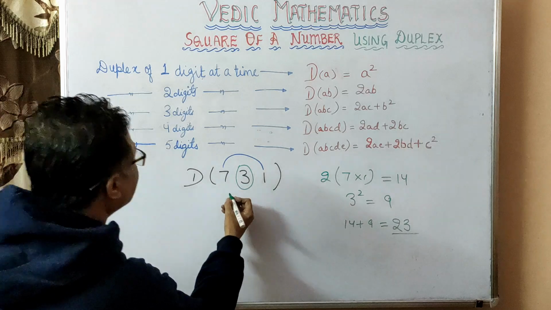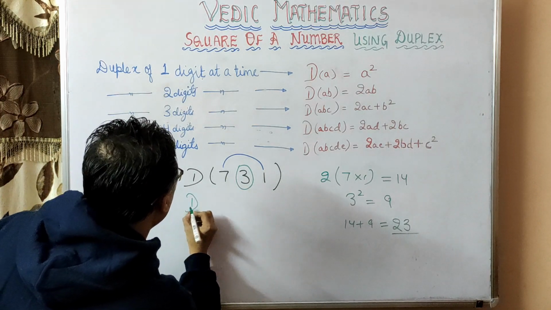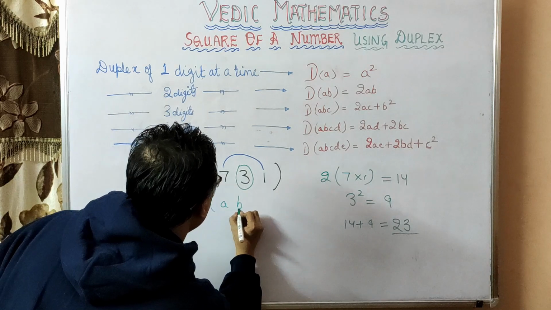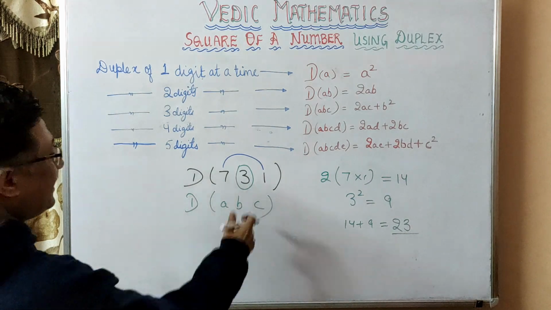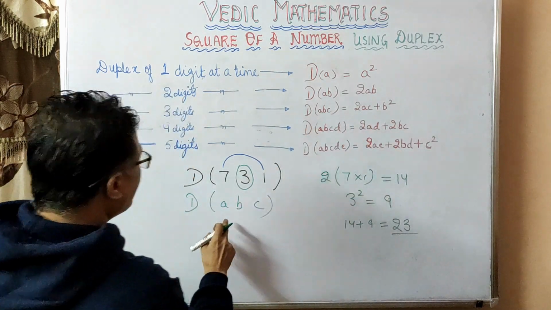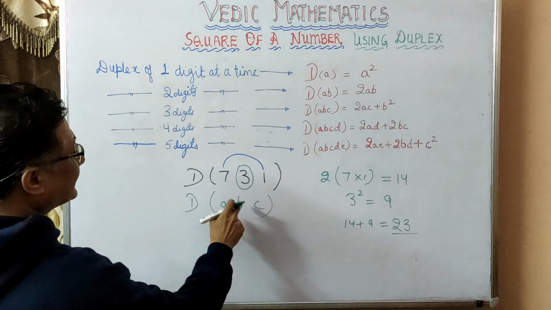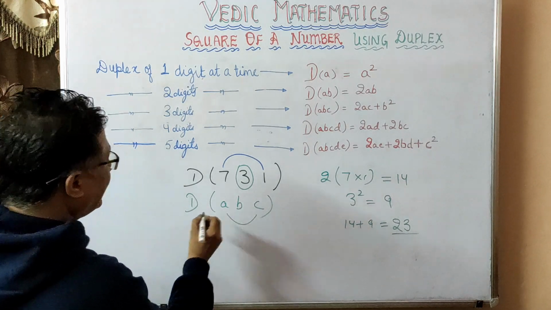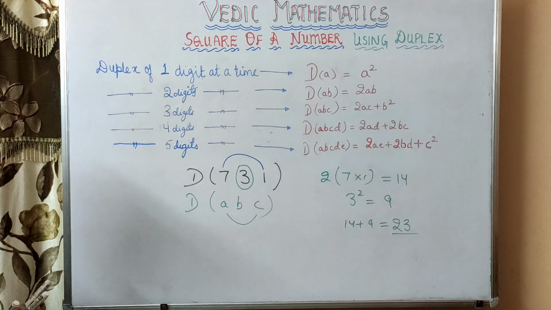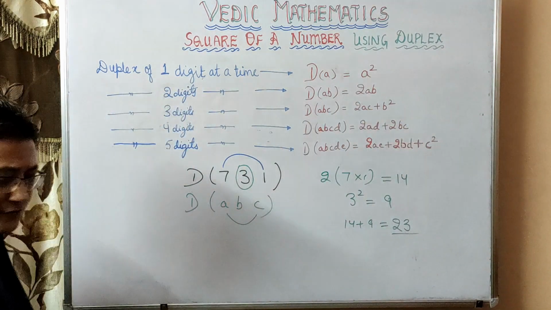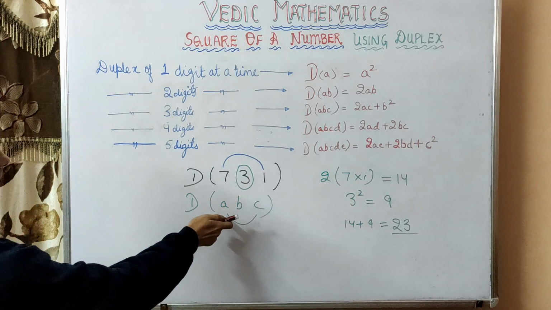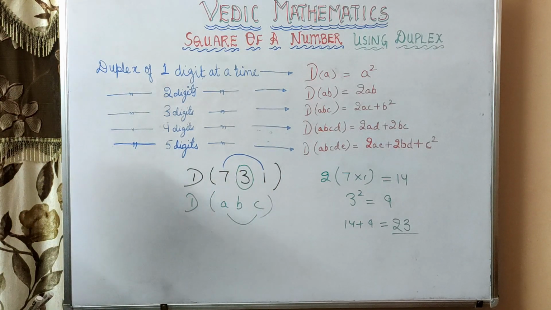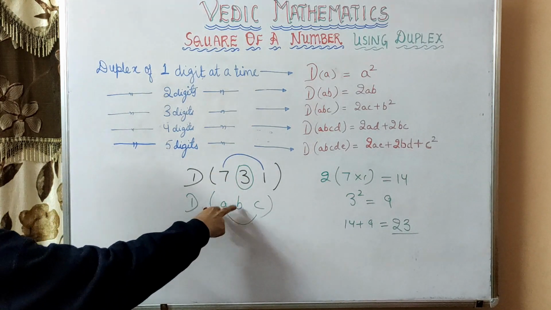If I write duplex of A, B, C over here, 7 is A, 3 is B, 1 is C. As you can see, twice of AC, and then plus B square. First you have to go to twice of AC, which is this 7 multiplied by 1, double it, then you have B square, 3 square.